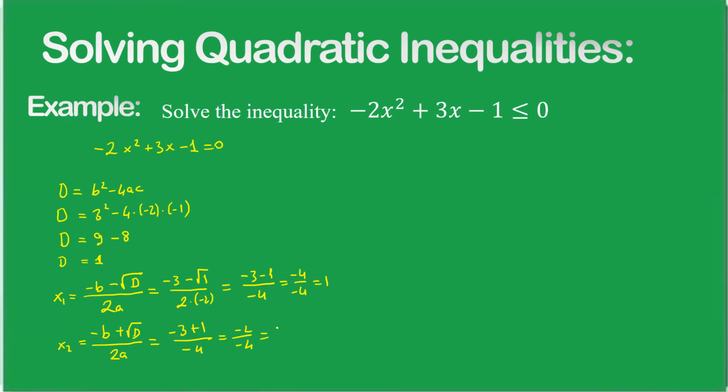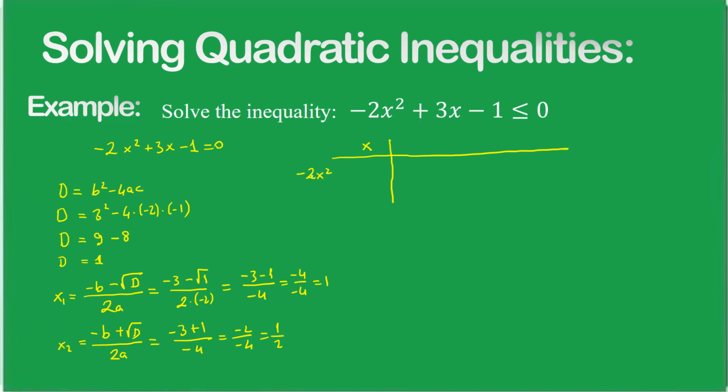If you simplify, you get 1 over 2. The first root is 1 and the second one is 1 over 2. And then the next step is drawing the sign chart. Our expression is minus 2x squared.